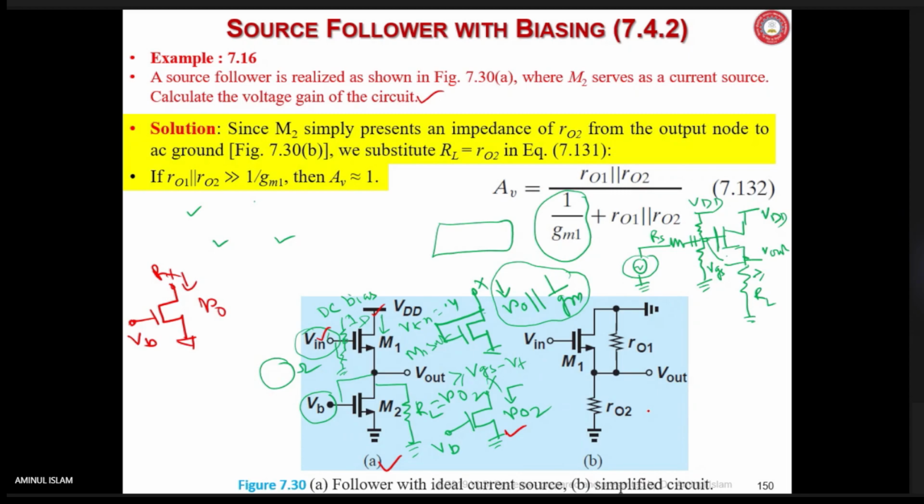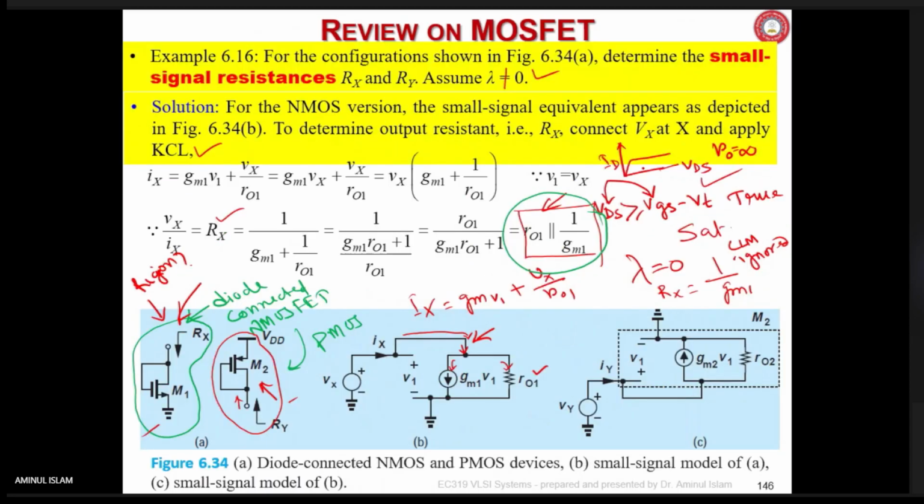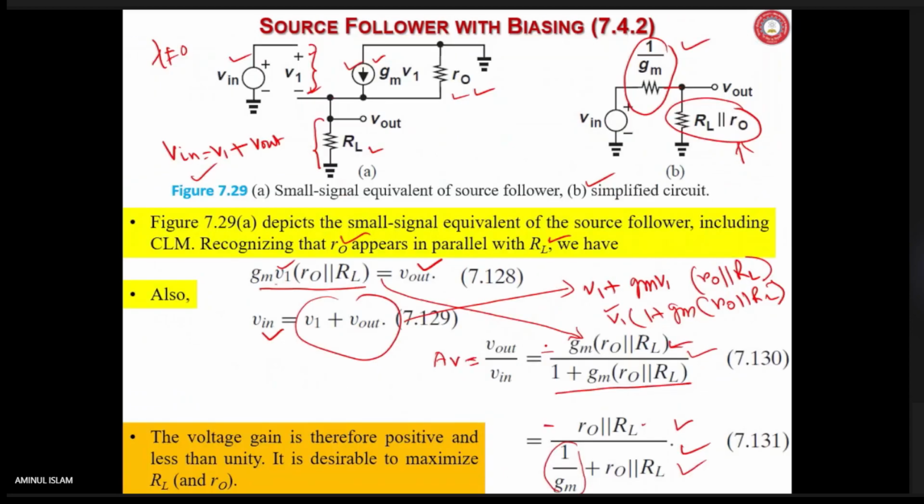Okay, so we can write Av equals RO1 parallel RO2. Earlier, what was the expression we got? RO1 parallel, we are just writing here RO2.